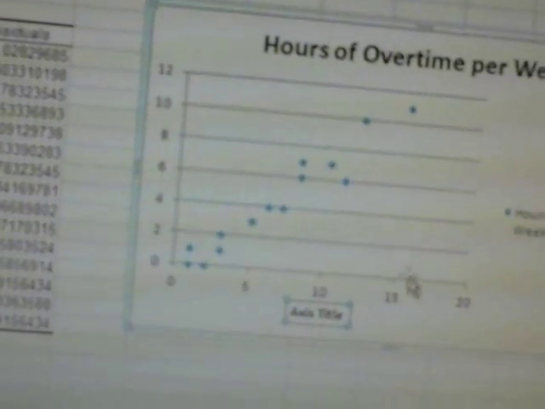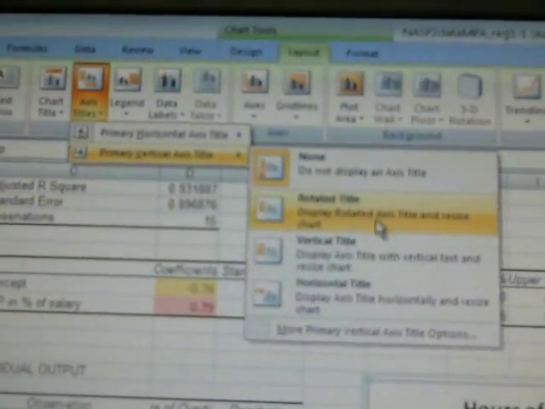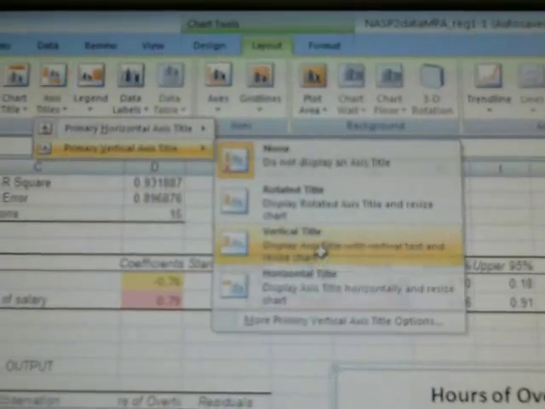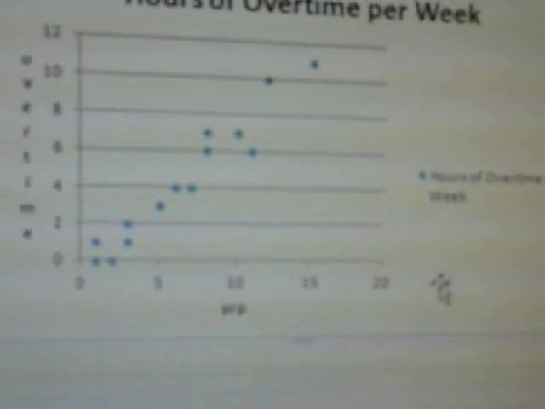Wait, where's it going? Okay. We also want to add vertical, which is our Y. Okay, this is overtime. Okay, so we've labeled it.